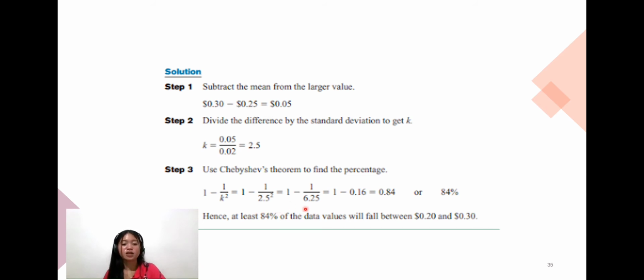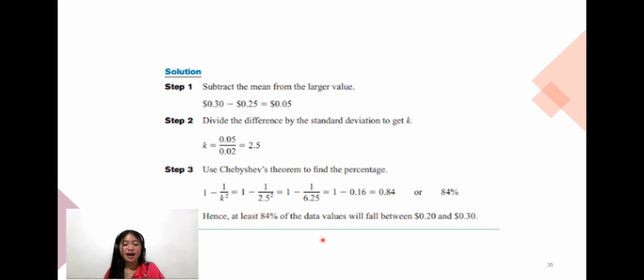Then it becomes 1 minus 1 over 6.25, because 2.5 squared is 6.25. Dividing 1 by 6.25 gives 0.16. 1 minus 0.16 is equal to 0.84. Then since we want a percentage, we multiply by 100, which becomes 84%.